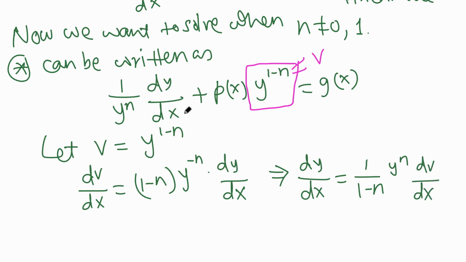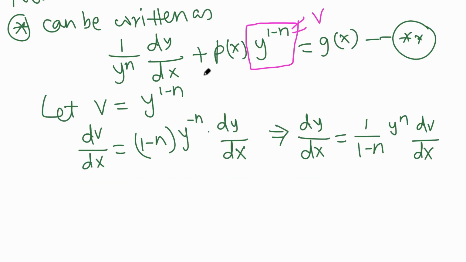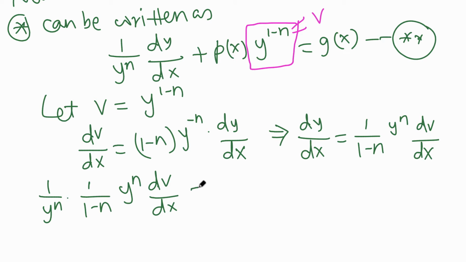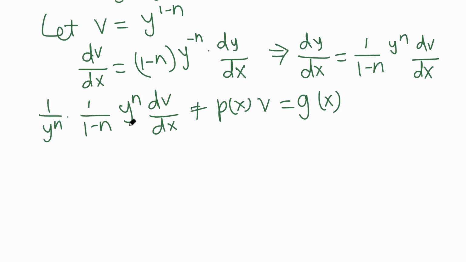Now let's go back and plug in here. We got 1 over y^n times dy/dx, which is 1 over (1 minus n) times y^n dv/dx, plus p(x) v equals q(x). Now we can simplify and cancel y.